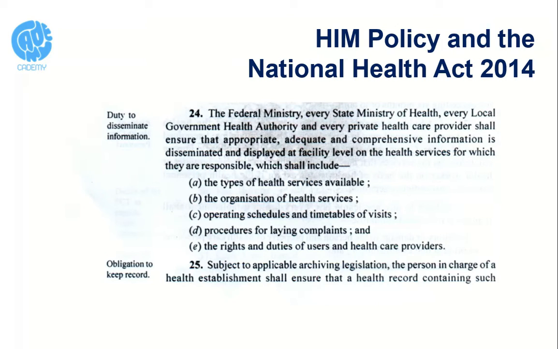One such document in existence is the National Health Act. It contains what has been statutorily agreed by the country on how national health is to be managed. In that document, sections 24 to 29 contain information management, information dissemination, how records are to be generated, how they are to be kept, and so on.